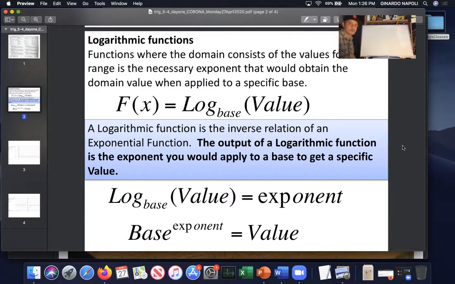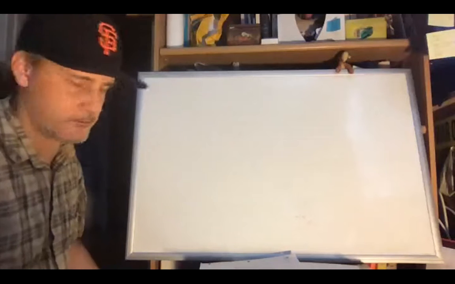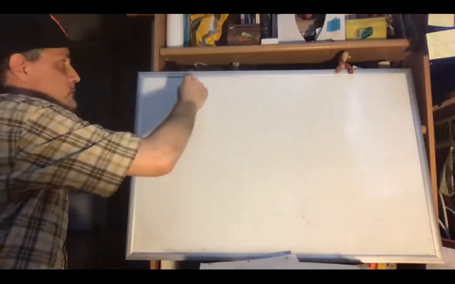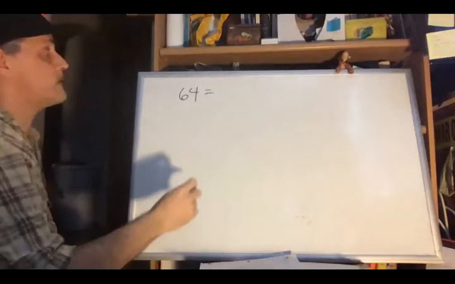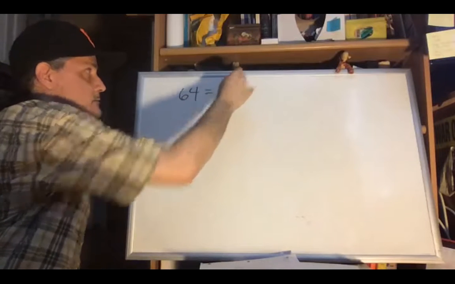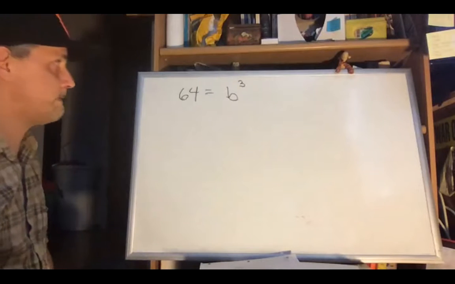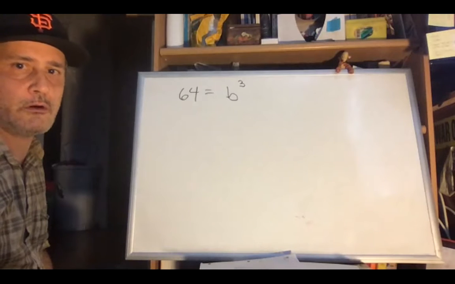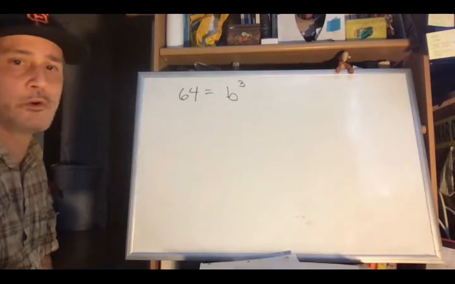Okay, so let's go ahead and use this to rearrange from a logarithmic expression to an exponential expression, because that's one way we can use this to solve problems. For instance, if we had 64 equal to some base to the third power, maybe we already know that's probably 4.